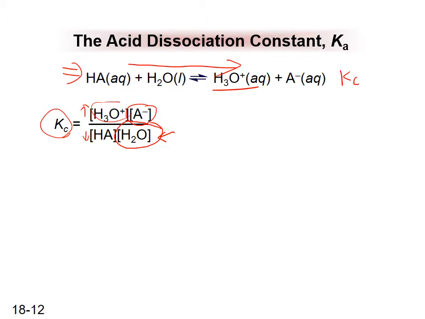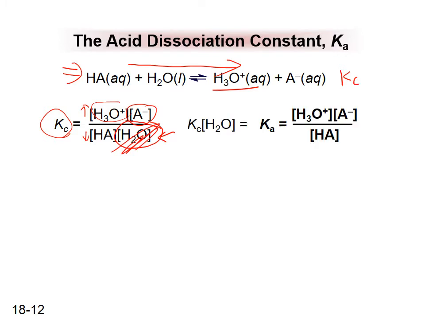Therefore, if we remove this, we can define another constant, which is called the acid constant. Here is the acid constant, and you can see it is almost the same as the equilibrium constant, but we just removed the water concentration. And because water concentration is a constant, the comparison is still valid.